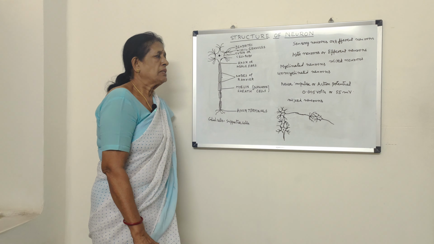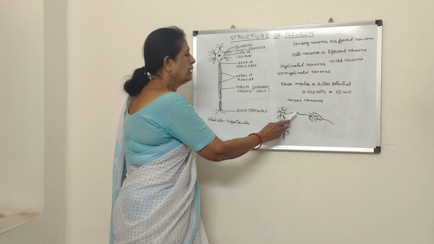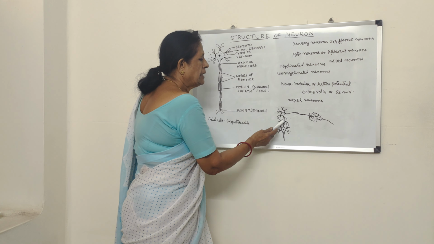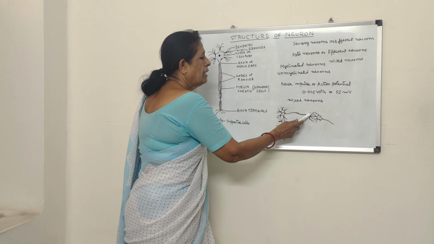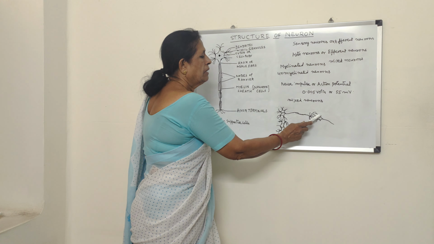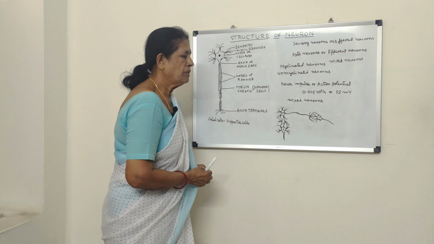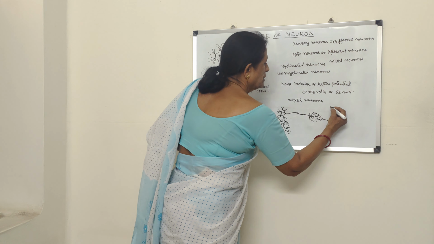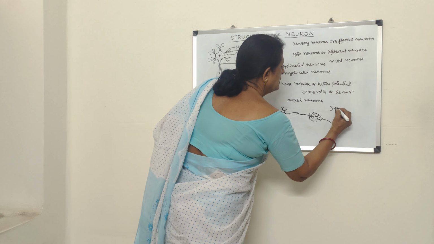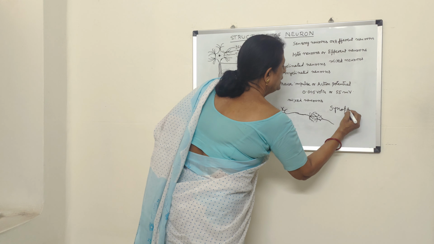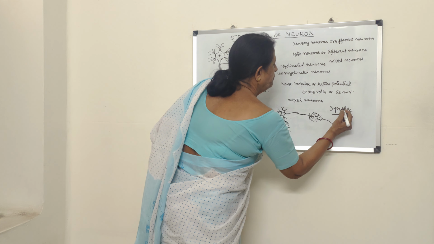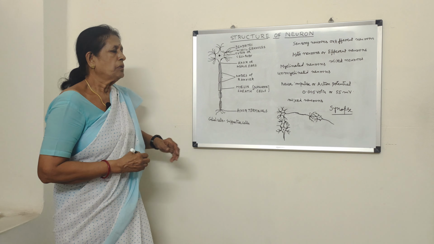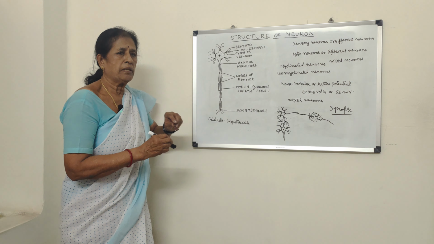And these nerve fibers are always in contact with one another. That means the dendrites of one neuron are in contact with the dendrites of another neuron, or the axon terminal of one neuron is in contact with the dendrites of another neuron. So the site of contact between neurons is called a synapse. The neurons are always in touch with each other.